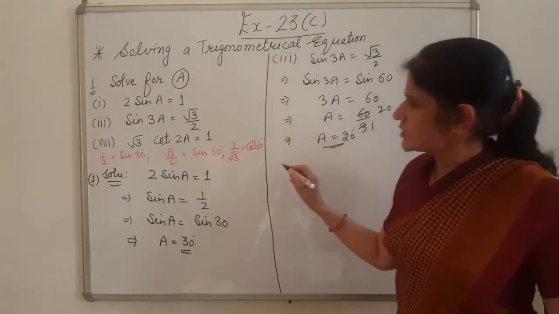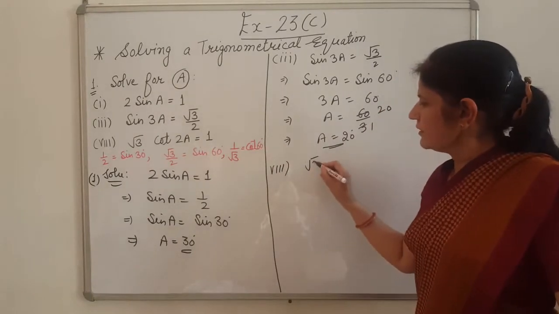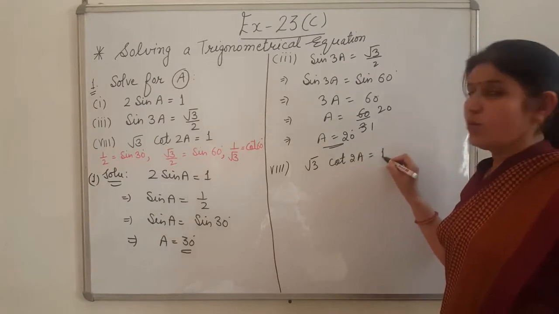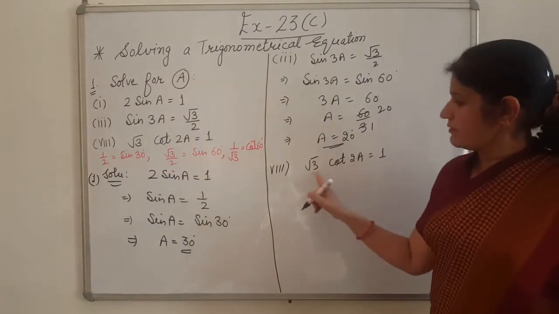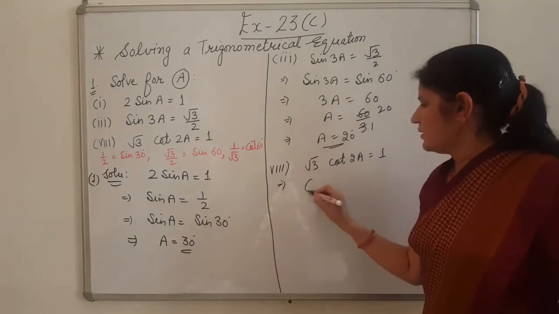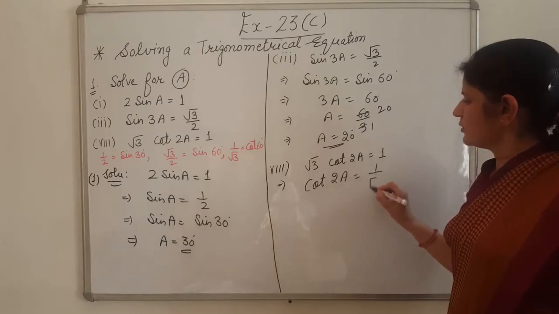Now the next part, the 8th one: root 3 cot 2A is given as 1. Whatever number is here, first of all we will transfer that number. Cot 2A is equal to 1 over root 3.